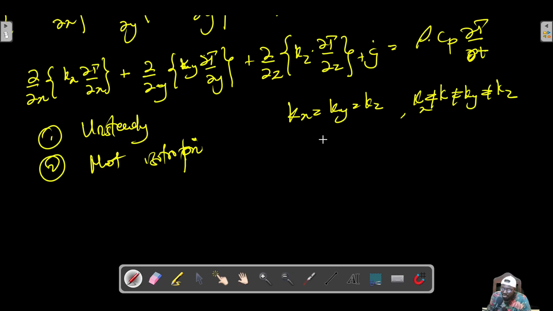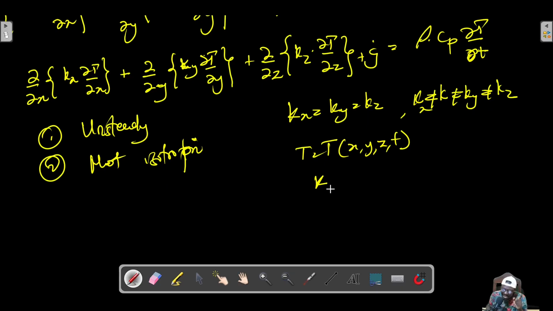And there's one thing you need to know. Generally, K, the thermal conductivity, is a function of the temperature. Now, the temperature is also a function of the spatial coordinates, right? If the material is isotropic, sometimes K may not vary with the spatial coordinates, but it may vary with temperature. But when it is purely isotropic and does not vary with spatial coordinates, then similarly it also doesn't vary with temperature, because we know that the temperature depends on spatial coordinates and time.